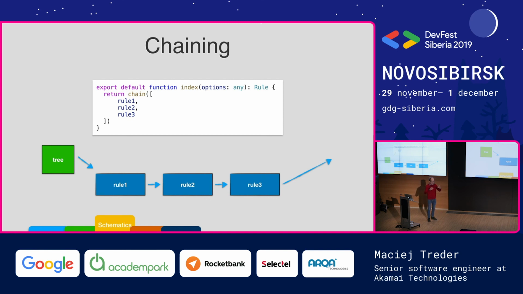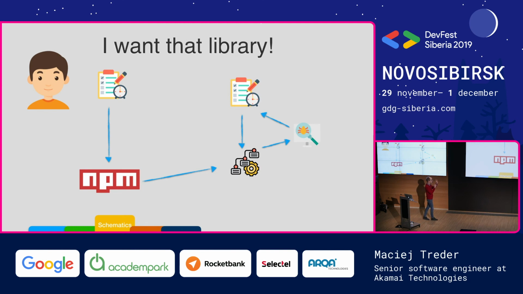So I can take that external rule from that schematics, chain it with my own, and that works this way: the tree object which represents the file system will be just passed from one rule to another, of course once the rule finishes successfully. If any of those rules would fail, then the tree object won't be passed over, and the whole schematics will fail. This is what we're calling the commit approach.